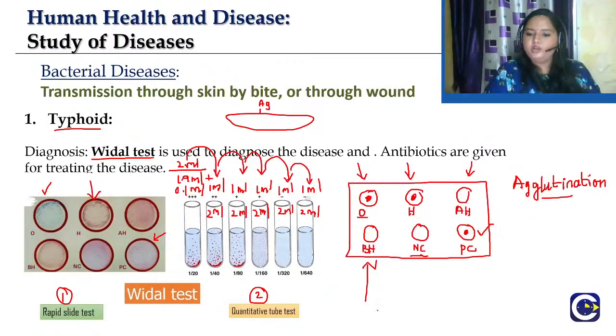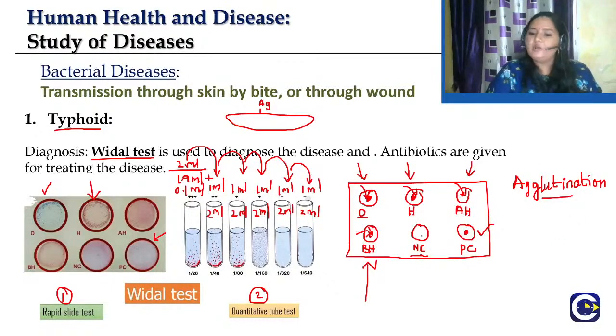Now what we will do is, after collecting the serum sample from the patient, I'm going to put the sample in the O, H, AH, BH circles. I'm going to add O antigen to the first circle, H antigen to the second circle, AH antigen to the third circle, and BH antigen to the fourth circle.